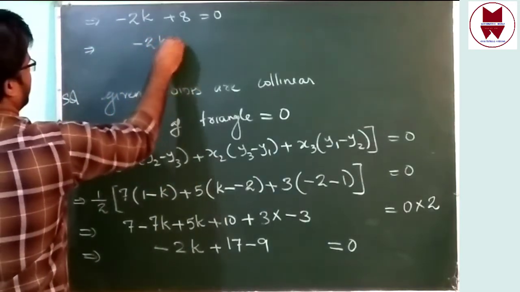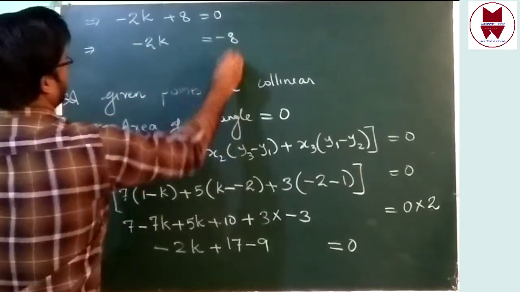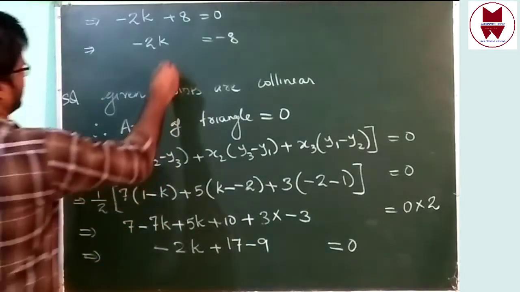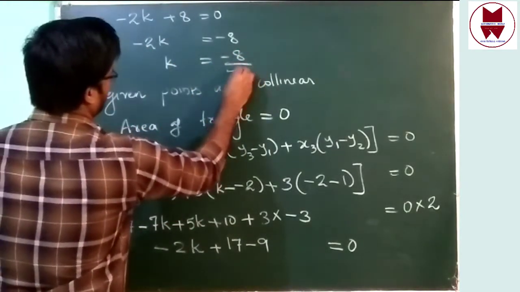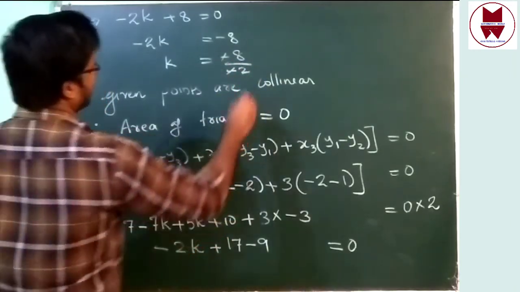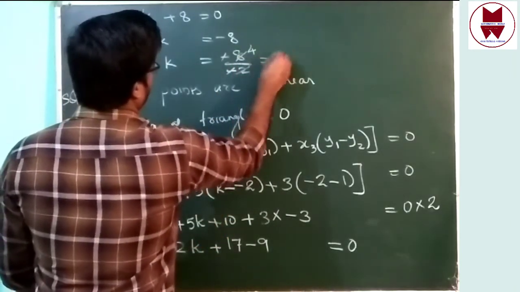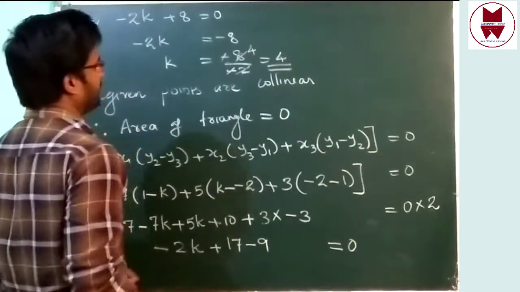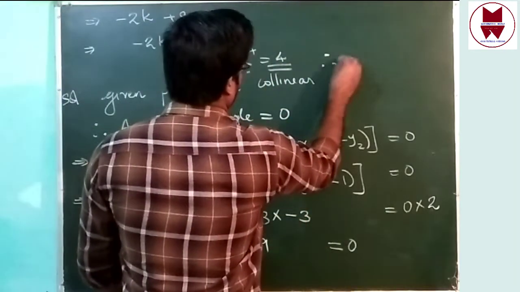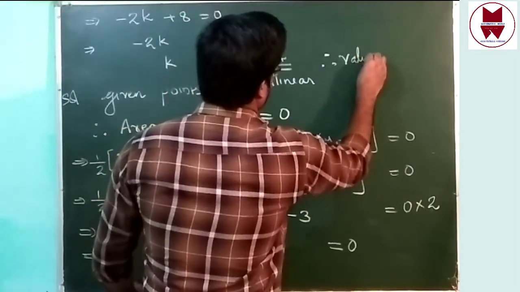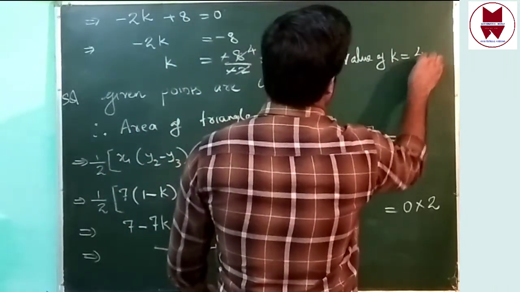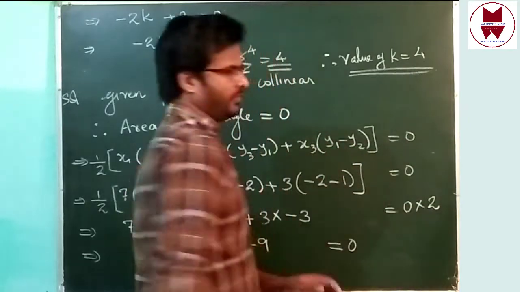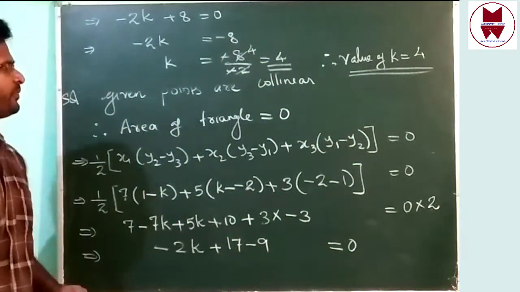Minus 2k equal to plus 8 becomes minus 8. Then k equal to minus 8 divided by minus 2. Minus minus cut it, 4. You will get 4. Therefore, value of k equal to 4. We got value of k equal to 4.